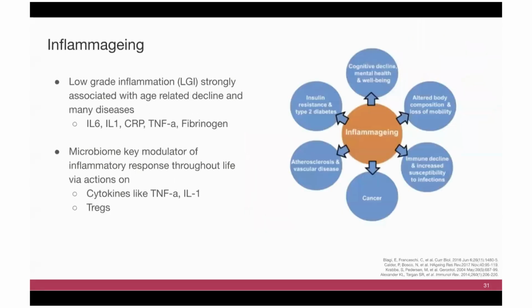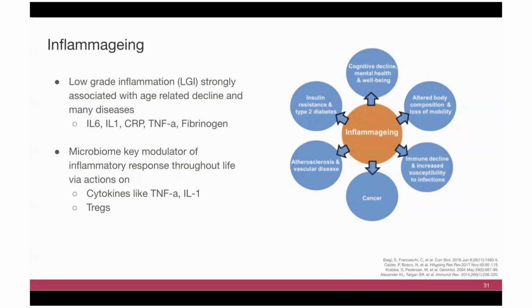So in inflammaging, we have this LGI, which is low-grade inflammation, and this increases as we age. Again, these are studies considering aging as 65 plus. The serum inflammatory markers that we tend to see elevated in this population are interleukin 6, interleukin 1, TNF-alpha, CRP, hsCRP, and fibrinogen.